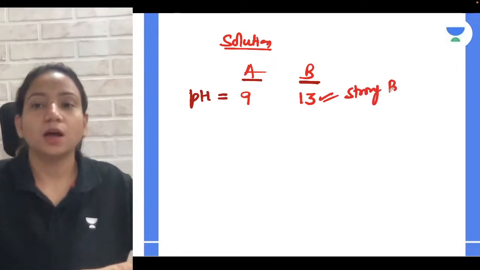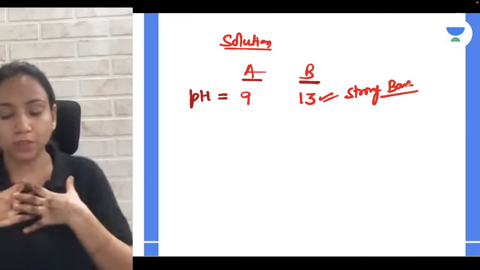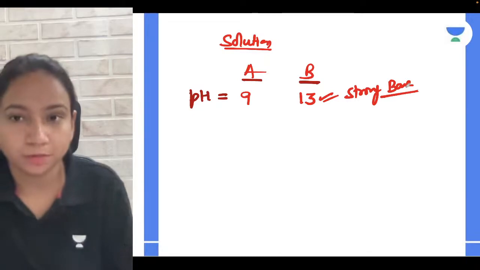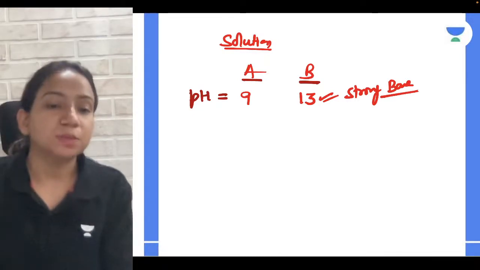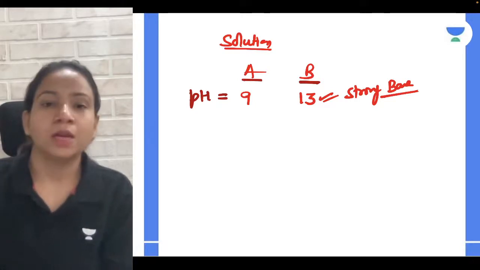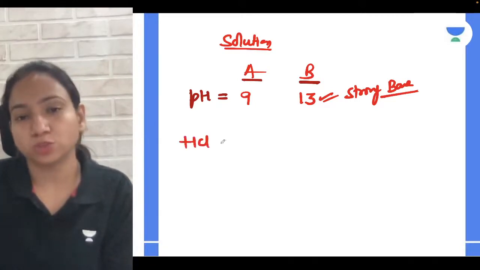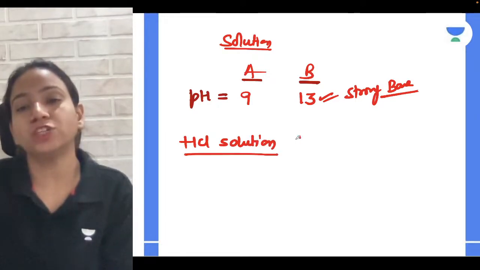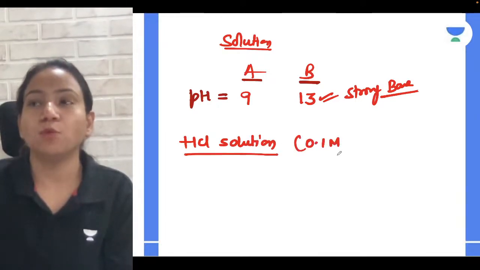So this is when the pH of solutions is already given to us. But suppose you have to calculate the pH for a substance, like they give you HCl solution and its concentration, say 0.1 molar.